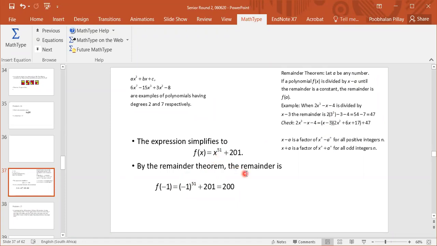And -1 to the power of 51 is very easy to calculate. -1 raised to any odd power is itself, but if you raise it to an even power, it's +1. -1 squared is +1. -1 cubed is -1. So you get -1, so 201 minus 1 is 200.